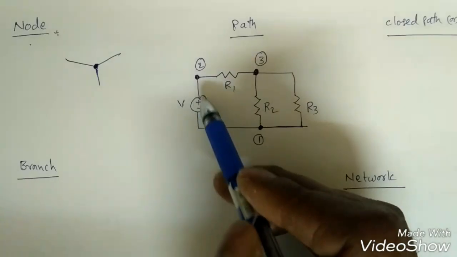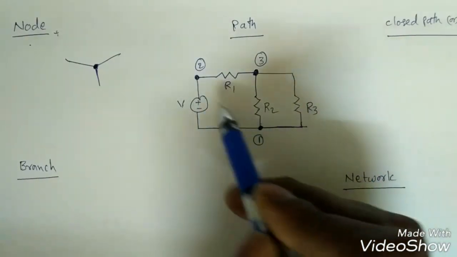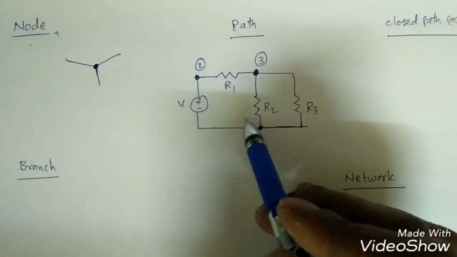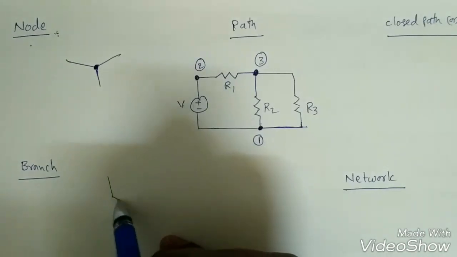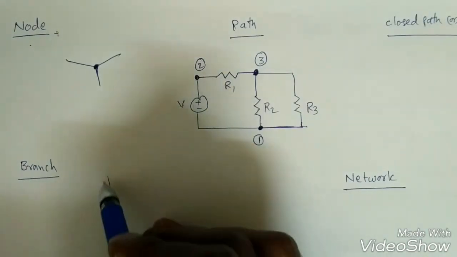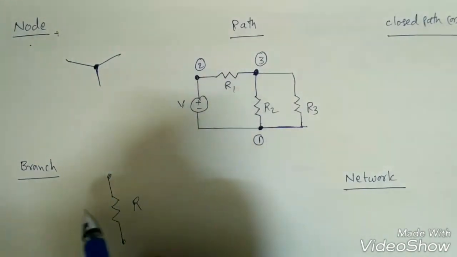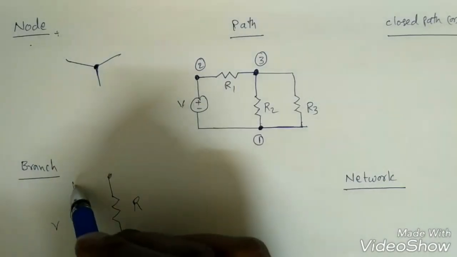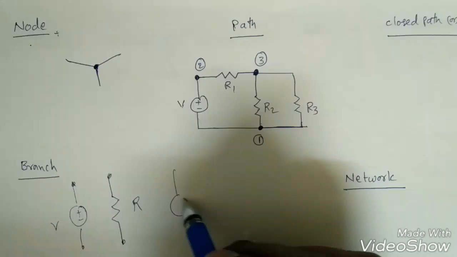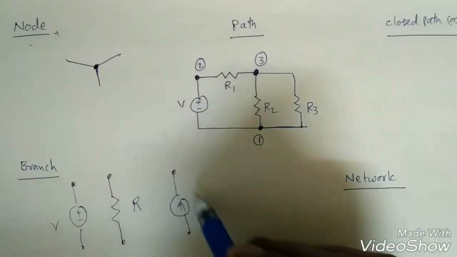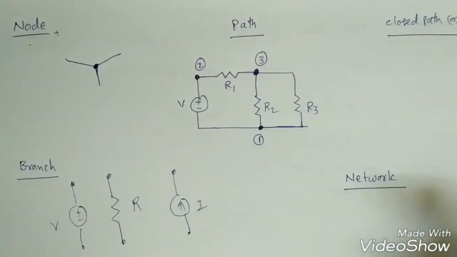See, this is one branch, that is from node to node. Generally we say a branch, right? It may be a resistance, so it is one branch. It may be a voltage source, it's one branch. Maybe a current source, it is one branch, right?